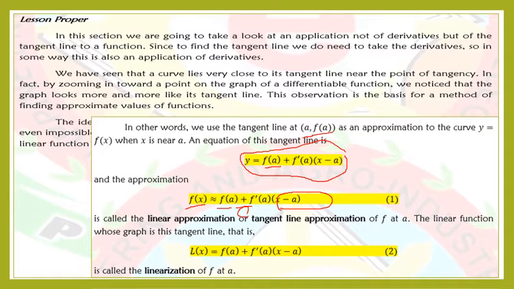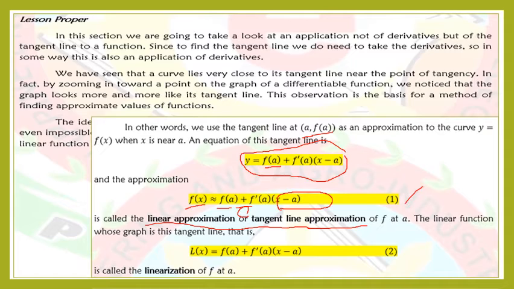Ito yung equation of the tangent line, and then this is the approximation: yan yung curve natin na y equals f of x is approximately equal to f of a plus f prime of a times (x minus a). We consider this as our equation 1, and this is what we call the linear approximation or the tangent line approximation. So remember this formula kasi magagamit natin ito sa next slide para doon sa example natin.